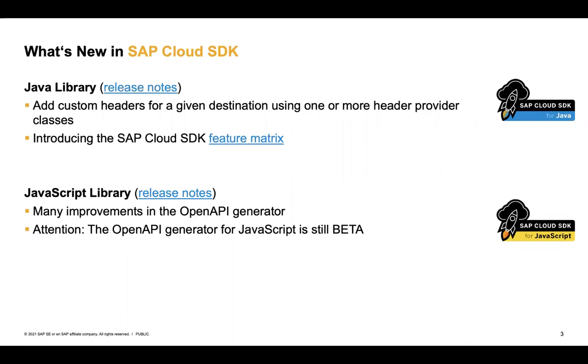But APIs might change because they're not declared stable by the development team. Just for information, for Java, we have a stable version of the OpenAPI generator, allowing the generation of REST clients for connecting to REST services. And very soon it will be also released for JavaScript. This is where the main team efforts go at the moment.